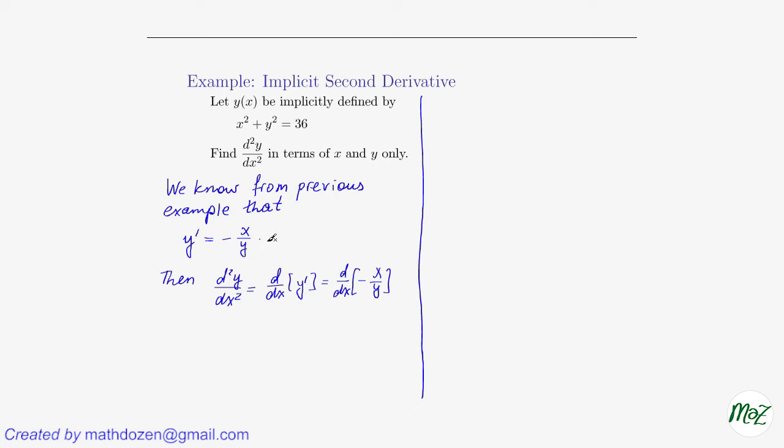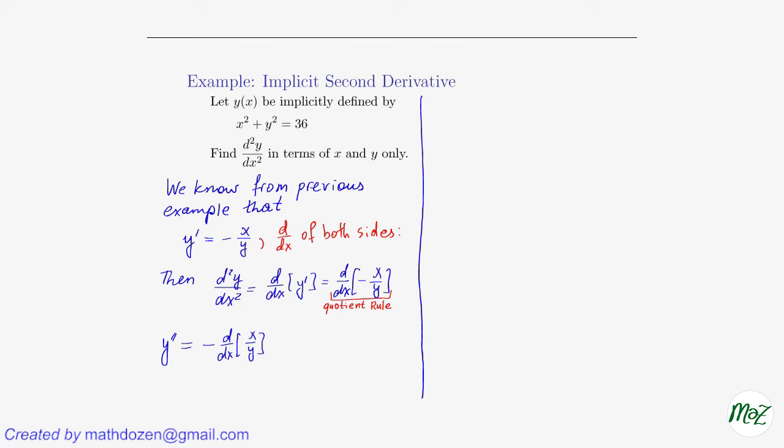So we essentially did d over dx of both sides. Now, to arrive at the derivative of negative x over y, we notice that we're going to need to use quotient rule.